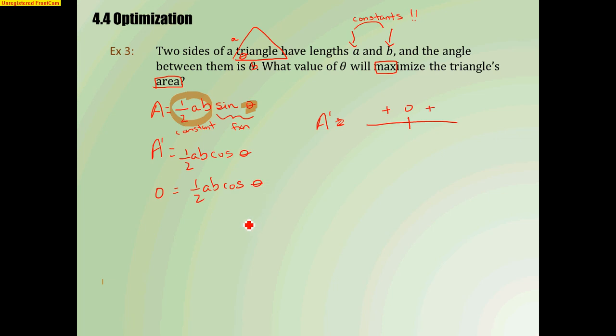And I say to myself, when is 1/2 AB cosine theta equal to 0? Now that's not going to be 0 because A and B are sides of a triangle. So what is some number times cosine theta going to be 0? Well, that's when cosine theta is equal to 0. Using my unit circle, when is cosine equal to 0?